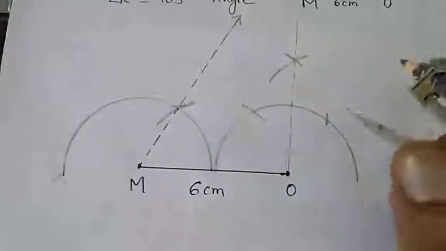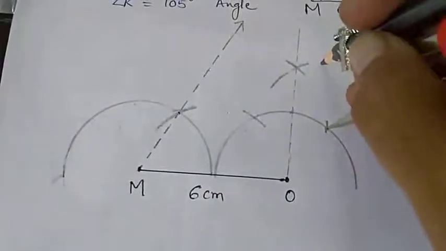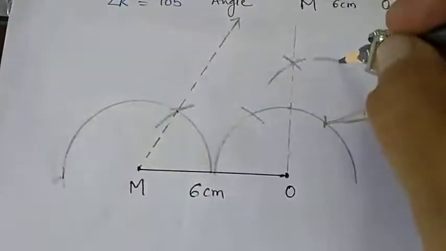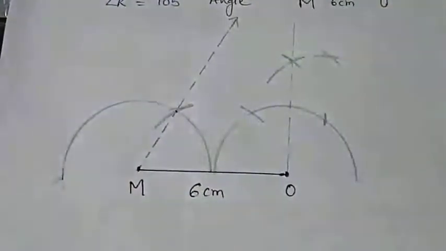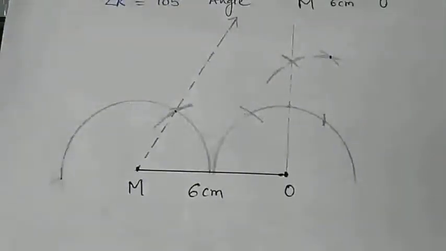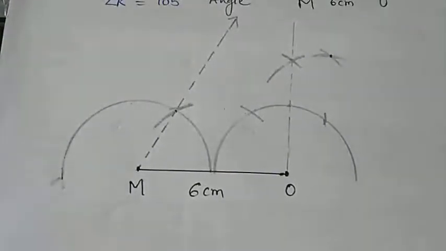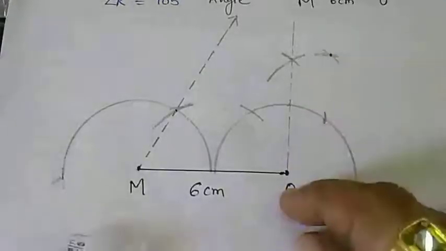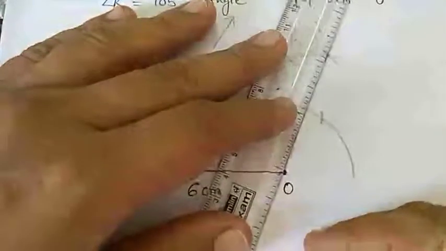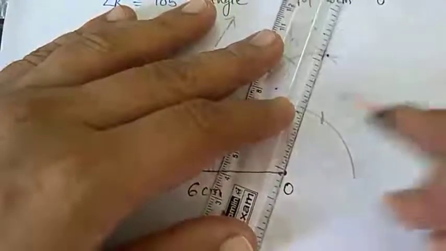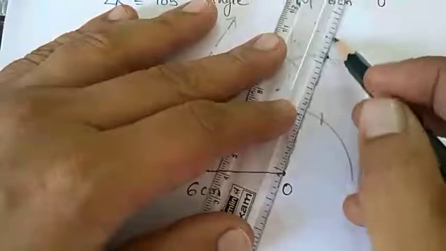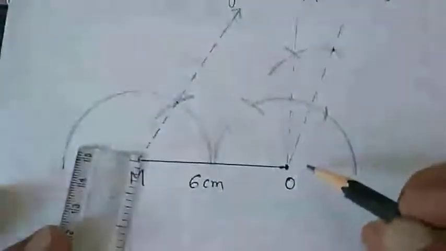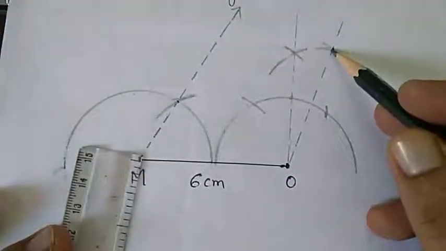That is again 3 centimeter distance I have kept, nothing more. This one and from here. So the intersection of these two gives me a point, and how much distance I want to take, that also they have given. So again I will draw a dotted line only, because they have given OR here.